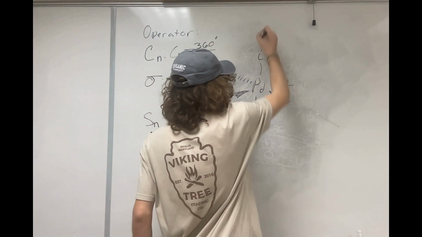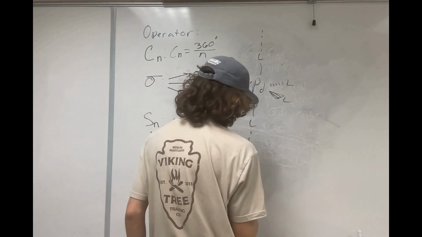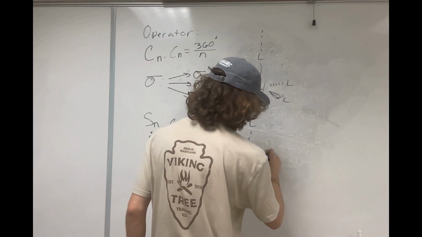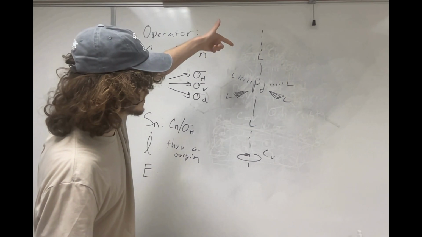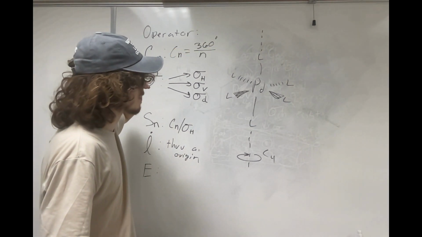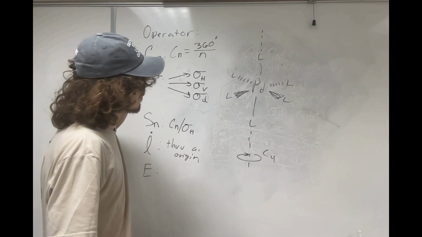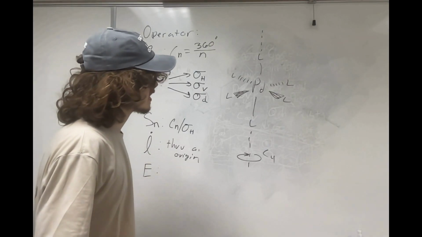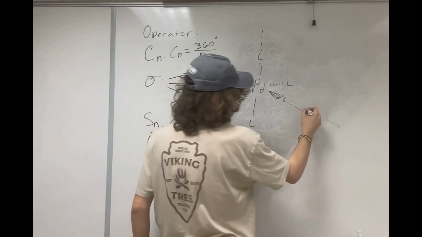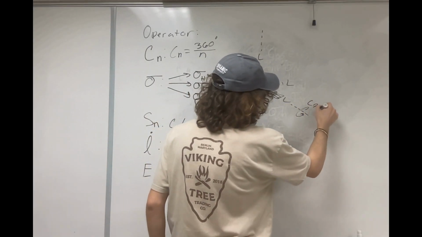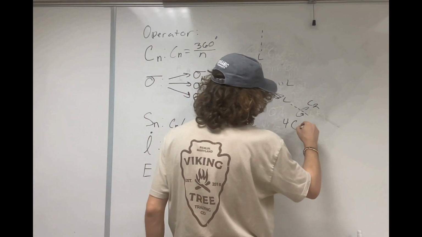Well, notice I can just tell this right off the bat. This is going to be our principal axis of C4, because I can rotate it four different times, 90 degrees, and I'll get the same thing out each time. So I know that exists. There are also these C2 groups, and there are four C2 groups.